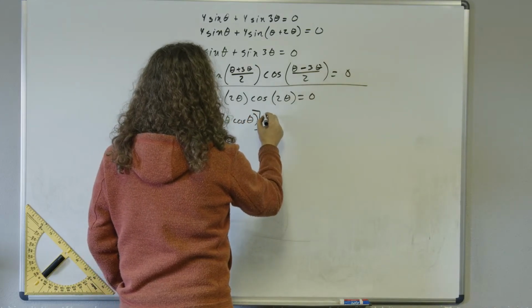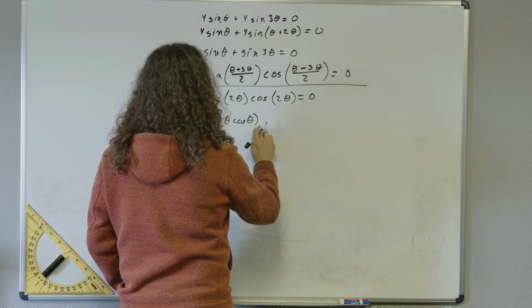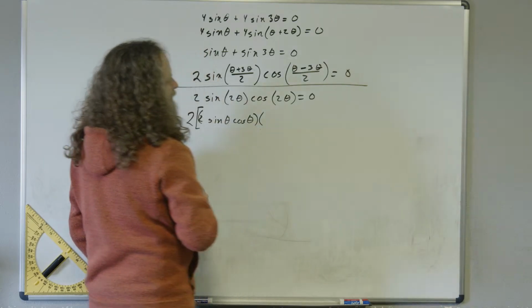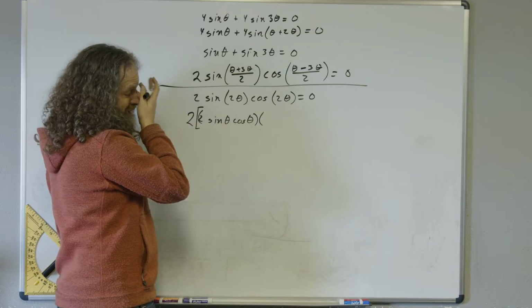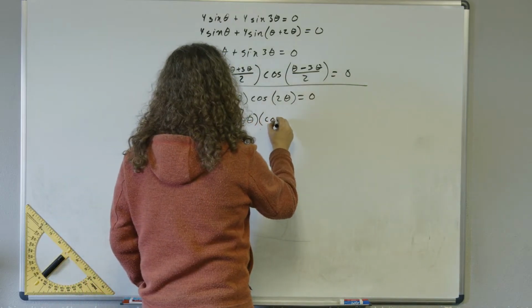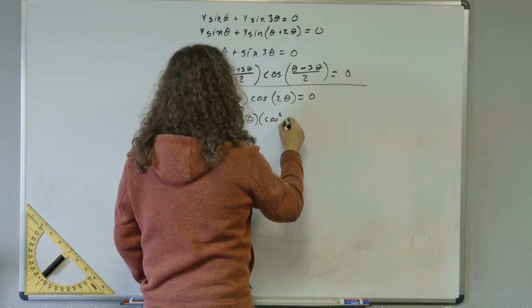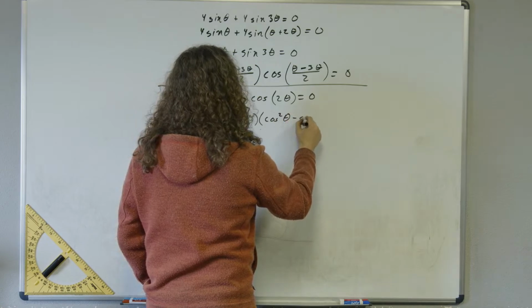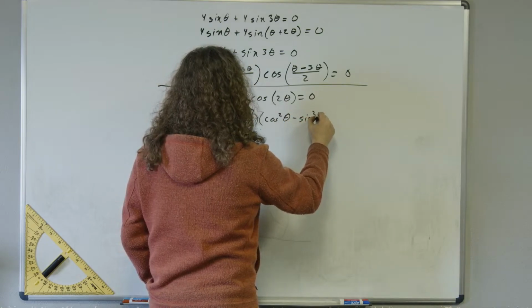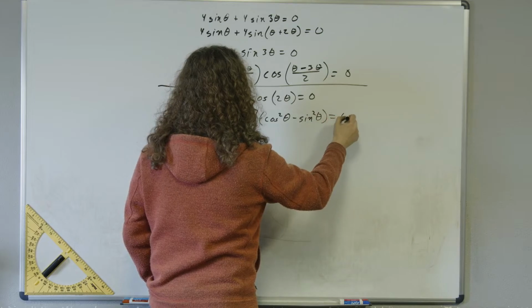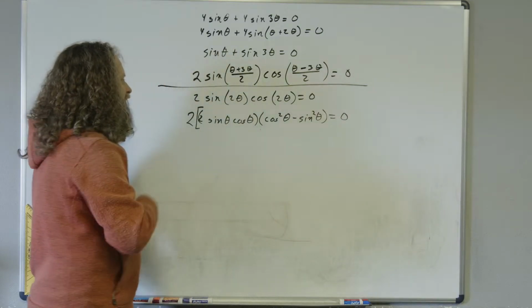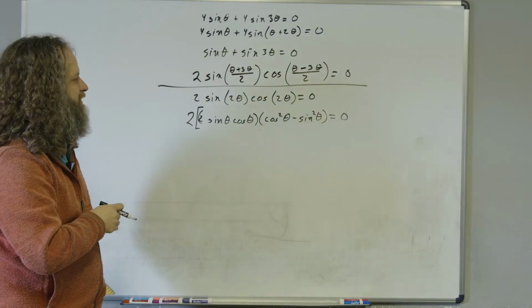Not that that's necessary, but you know, whatever. And what does that one turn into? Cosine squared theta minus sine squared theta. And now we can multiply all these things together, right?